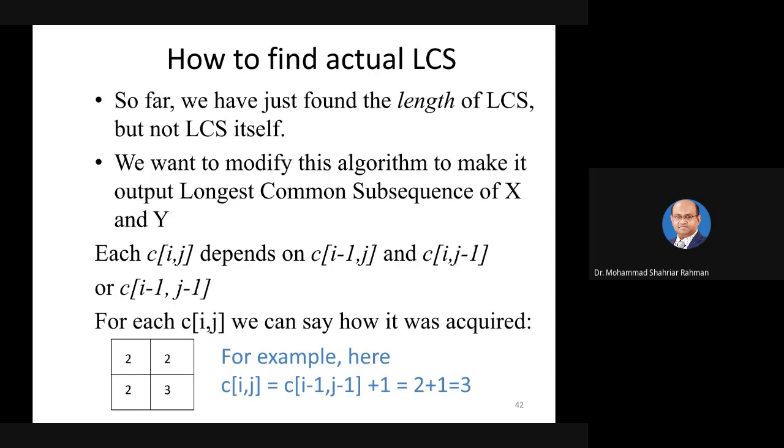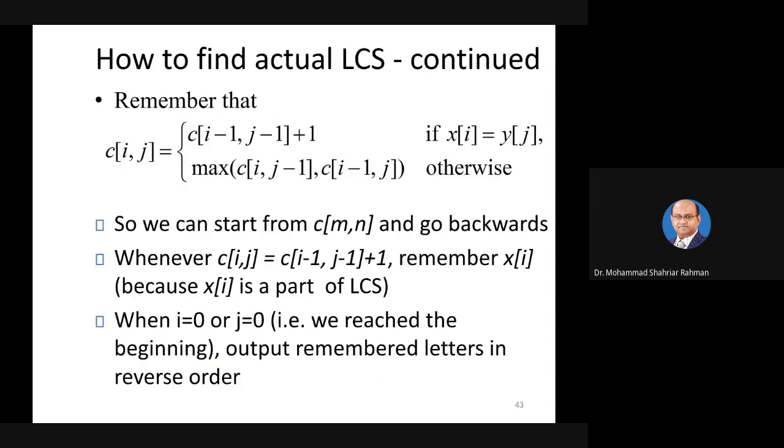Okay, what we need to do is see that, for example, for each Cij we can say how it was accrued, right? This 3 came from 2 + 1. That is how we decide which part to keep and how to keep it. So we can start from mn, we already have the length, and we can go backwards.